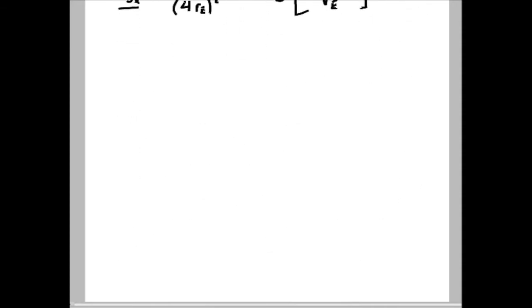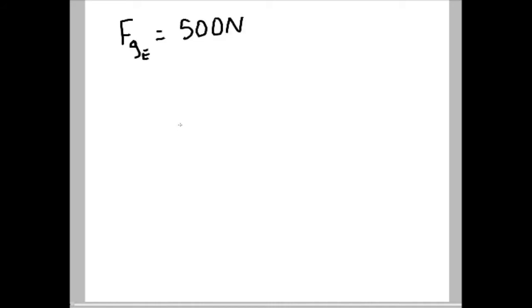Let's say that on Earth you have a weight. Let's say again you have the same weight, 500. But now you go to a new planet, planet X1, and we want to know F_GX.